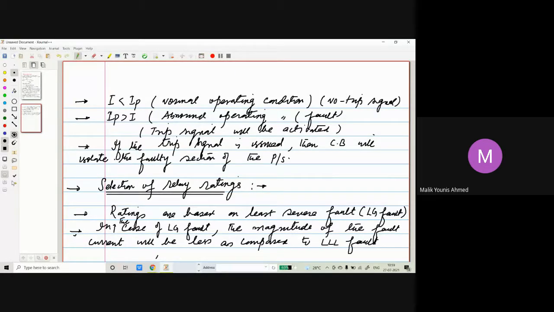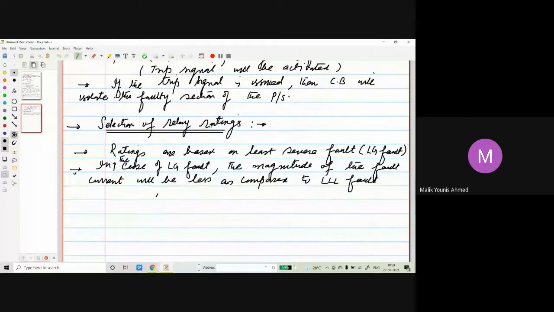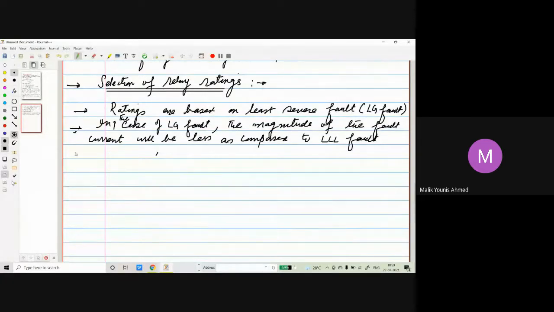If the circuit conditions are the same, then what is going to happen? When we talk about the LG fault, the magnitude of the line to ground fault current will be very less as compared to the LLL fault.